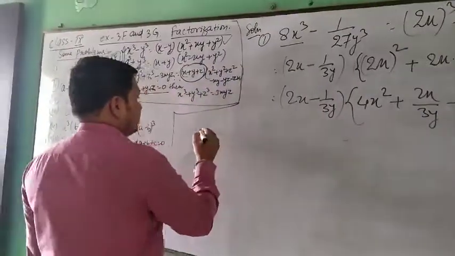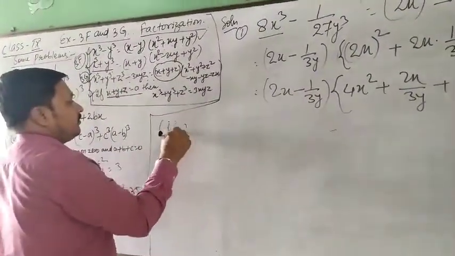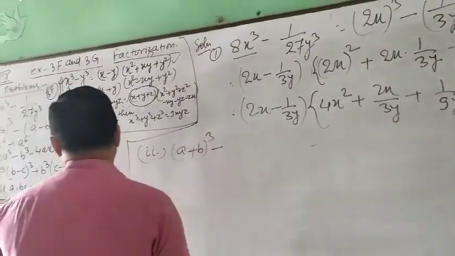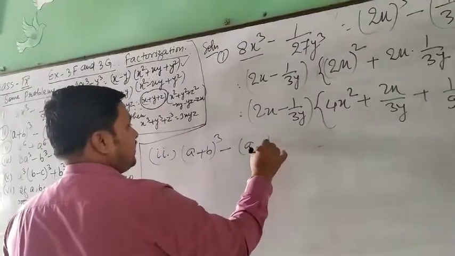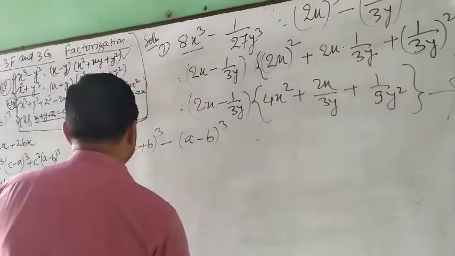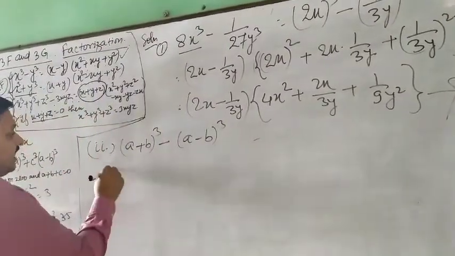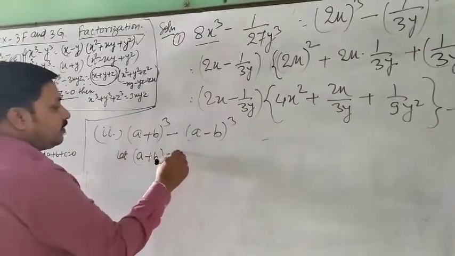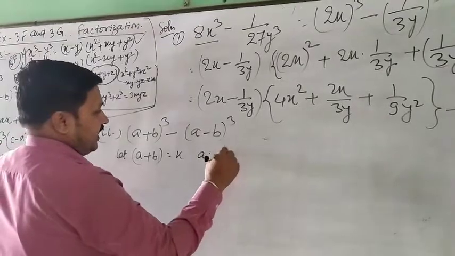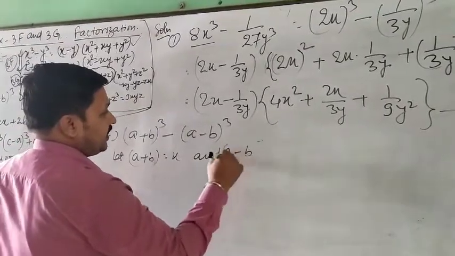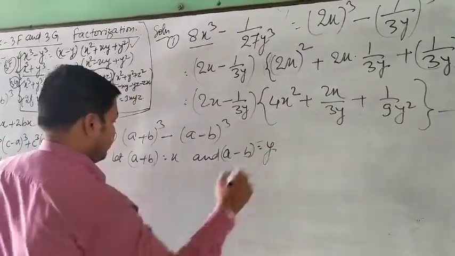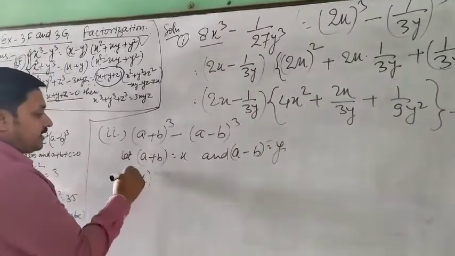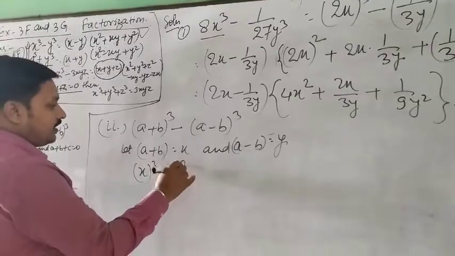In the second question, here (a plus b) the whole cube minus (a minus b) the whole cube. At first let a plus b equal to x and a minus b equal to y, so that it can be written as x cube minus y cube.